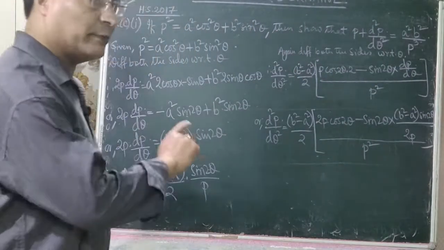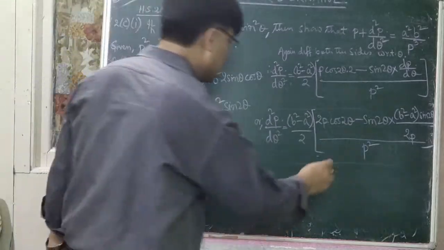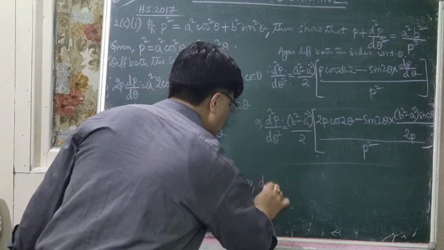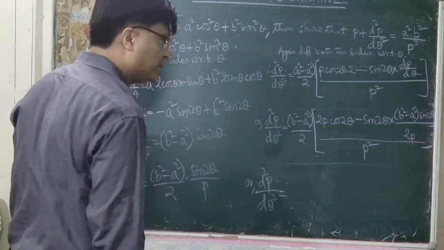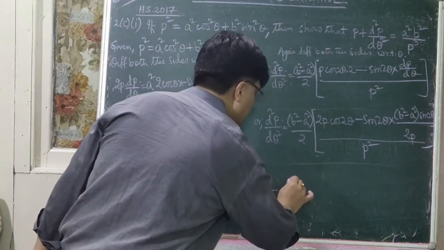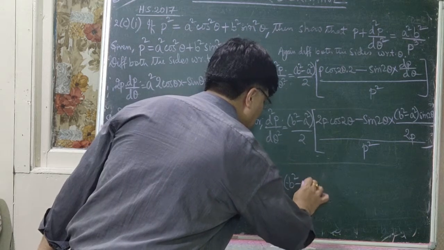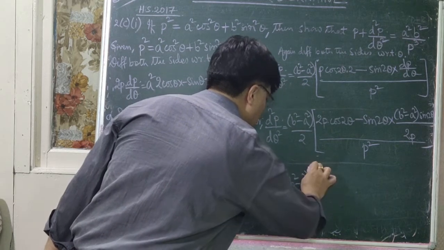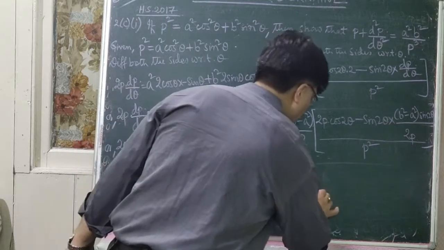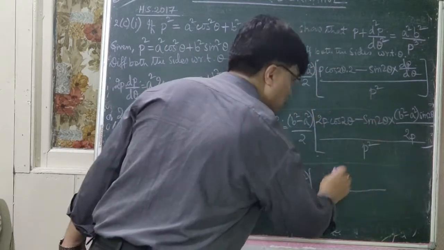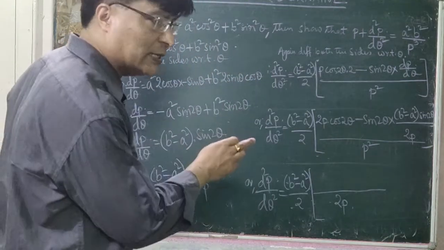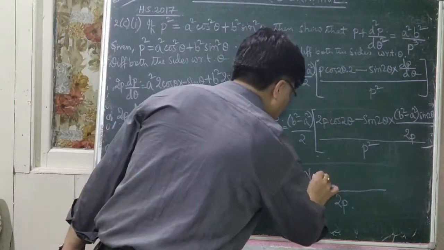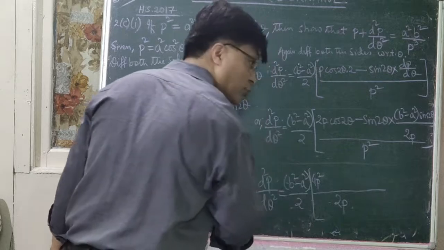Now in the next step, you can take the LCM in this case. Okay. So, or this is your d2p by d theta square is equal to. So now this is your b square minus a square by 2, and within third bracket, what's the LCM in the numerator? This is your 2p, right? 2p is the LCM. So 2p into 2p, that is your 4p square.